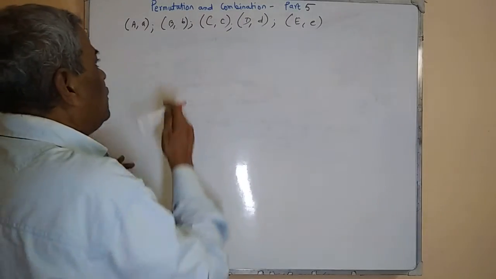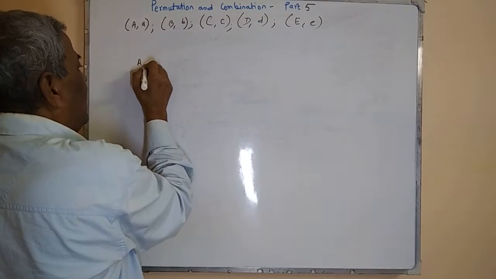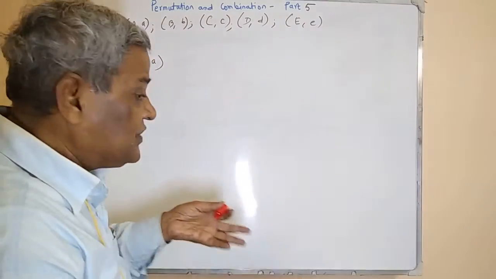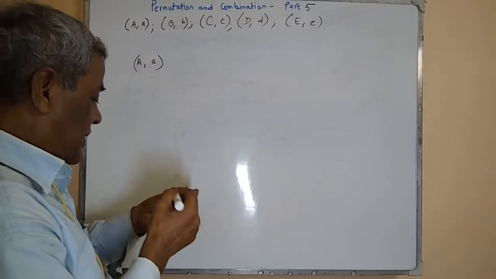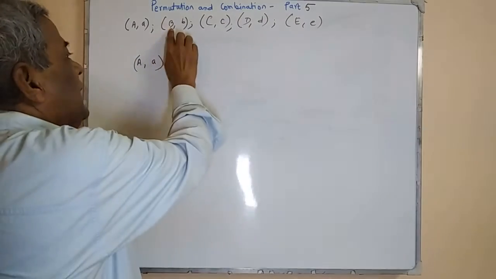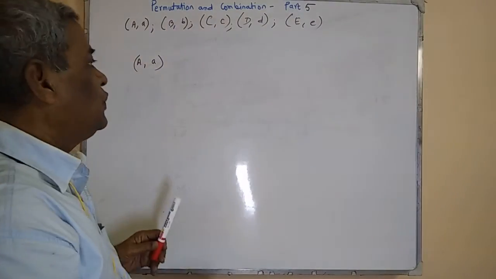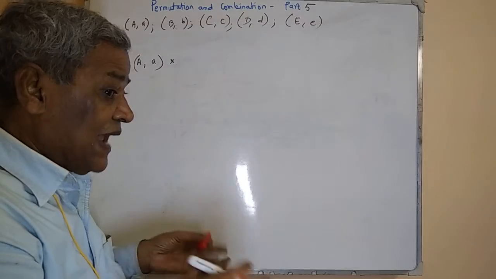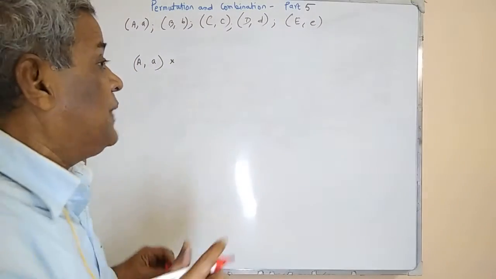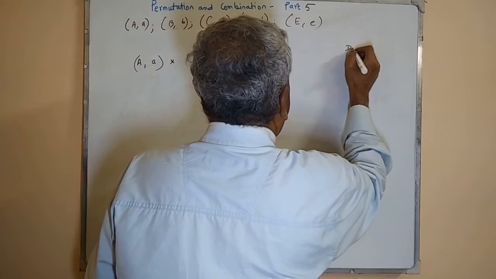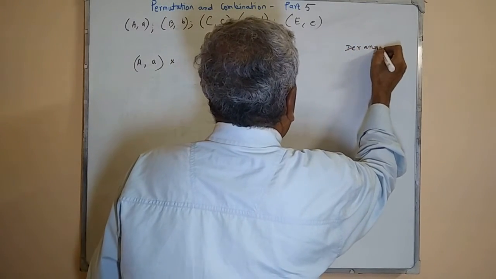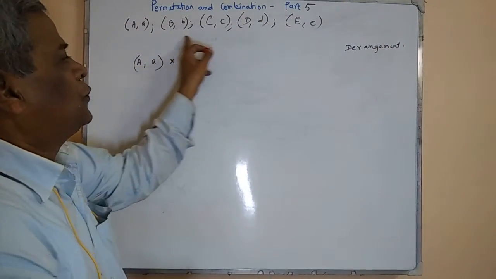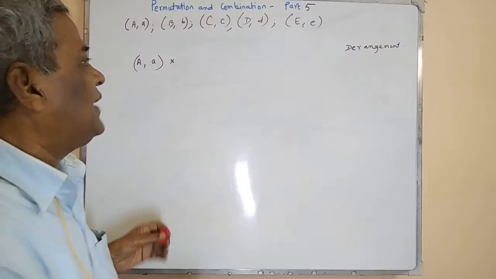Suppose A and small a form a team, husband and his wife, and in the rest of the four teams, it must be a rearrangement. B cannot go with small b, and so on. So for this case, the four other teams are to be considered, and those are to be derangements.